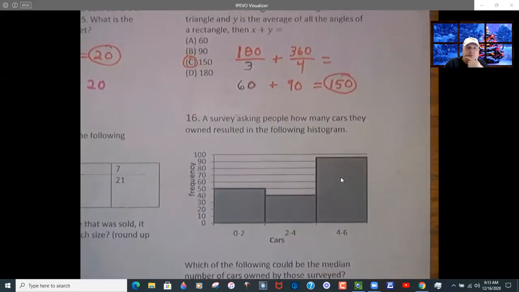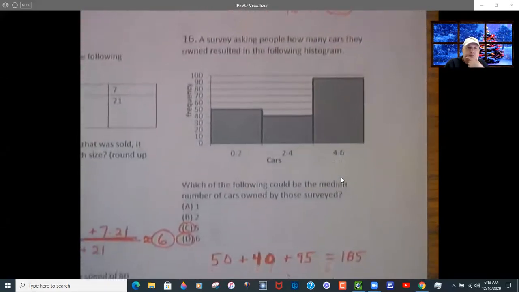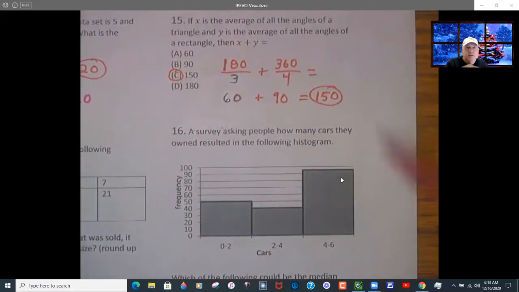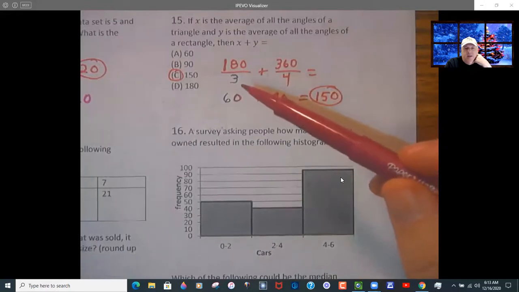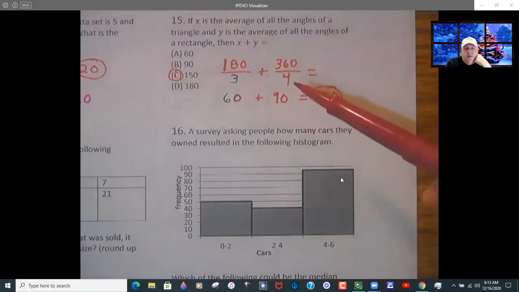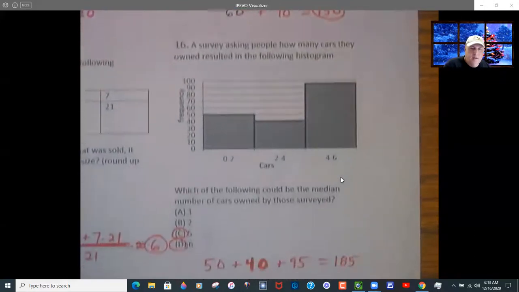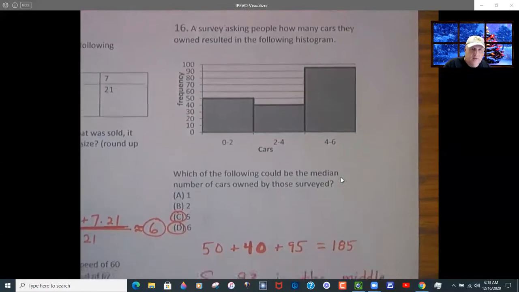So it's a sum over the count. You want to understand that we're not necessarily talking about an equilateral triangle and a square. It's just the average angle measure in a triangle, which is kind of weird to think about.